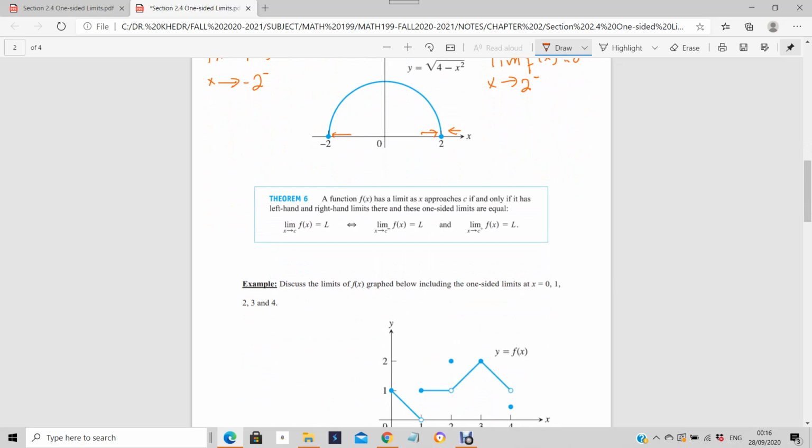There is a theorem. This theorem, number 6, says a function f of x has a limit as x approaches c if and only if it has left-hand and right-hand limits there, and these one-sided limits are equal. So lim f of x as x goes to c equals L, if and only if.